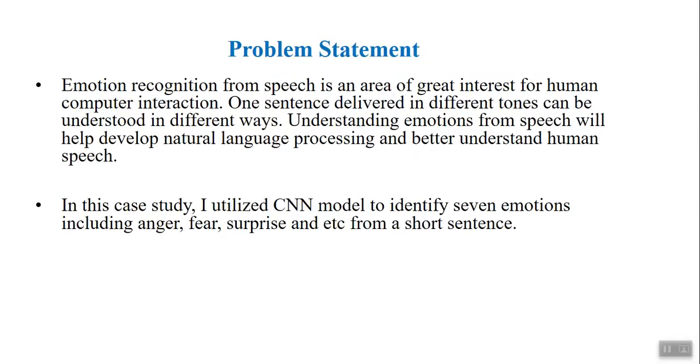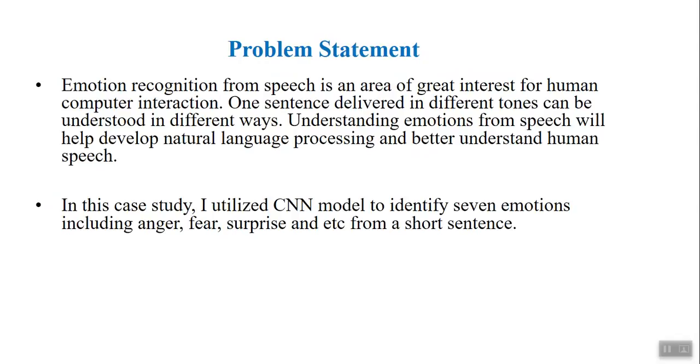Most recently, emotion recognition from speech is actually a hot area of great interest for human-computer interaction. Exactly the same words, but delivered in different tones, can be understood in totally different ways.